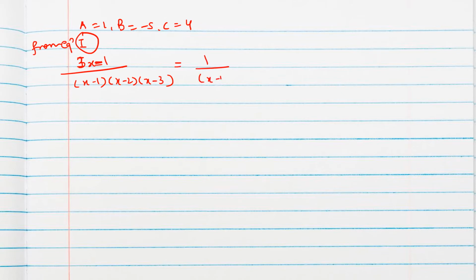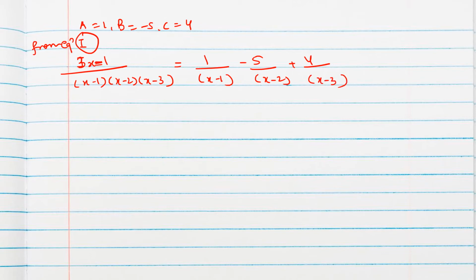So from equation 1, integral I will be: (3x minus 1) divided by (x minus 1)(x minus 2)(x minus 3). We can write 1 by x minus 1, substituting the A, B and C values, minus 5 by second bracket and C by third bracket.